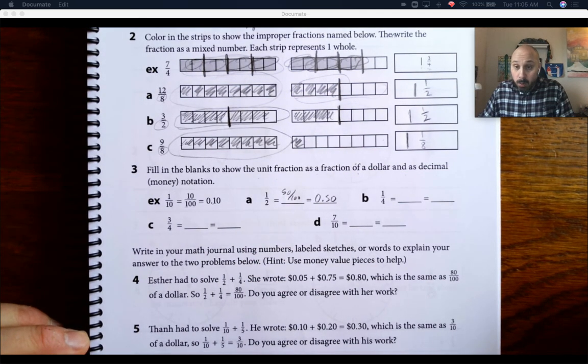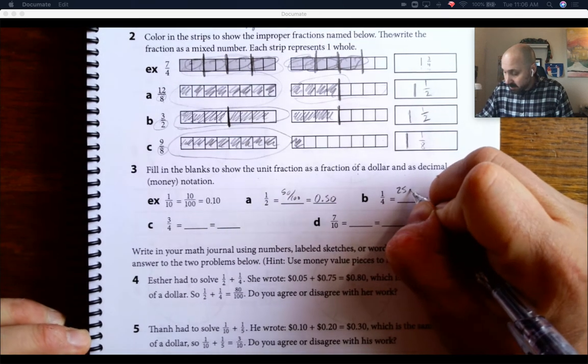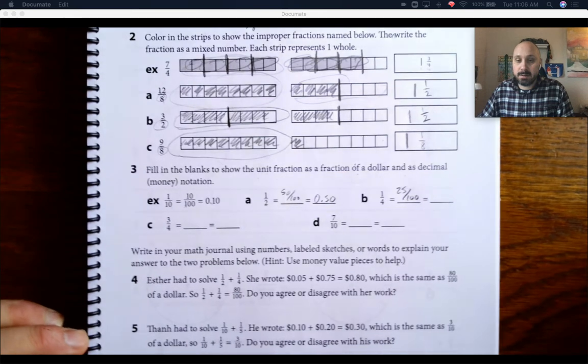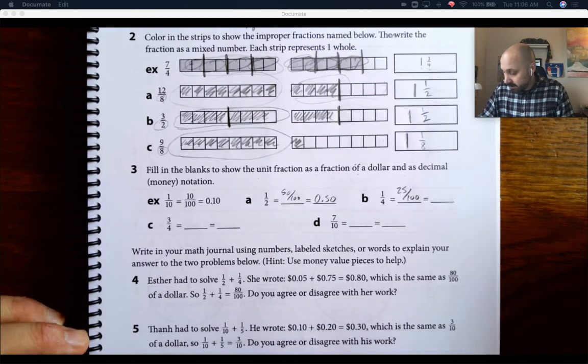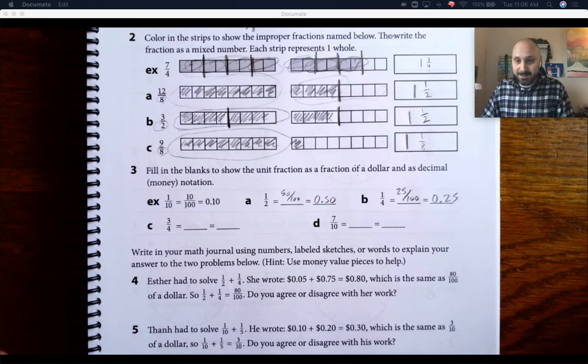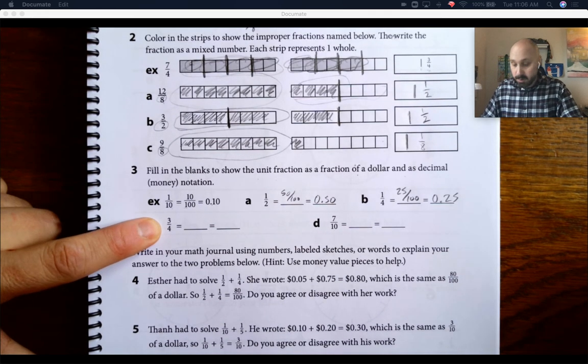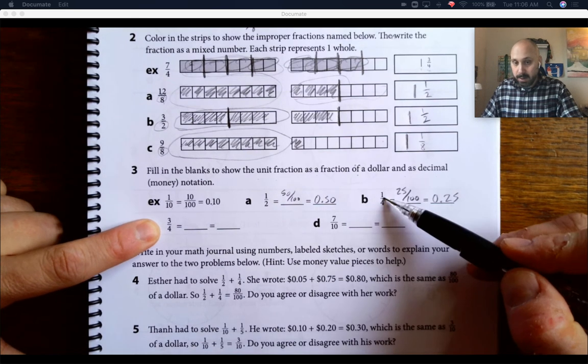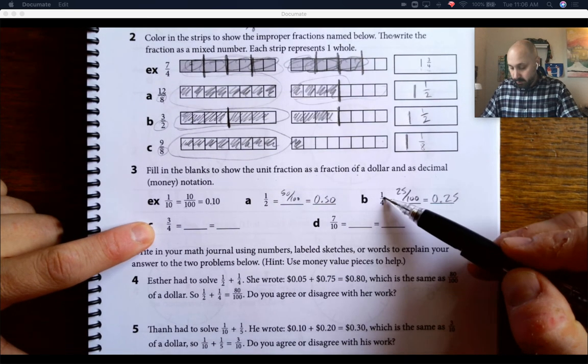Okay. 1/4 of a dollar is a quarter, and a quarter is worth 25 cents or 25 hundredths. And that 25 hundredths is the same as 25 cents. 3/4 is 3/4, right? Because we have 1/4 over here, 3/4 over here.